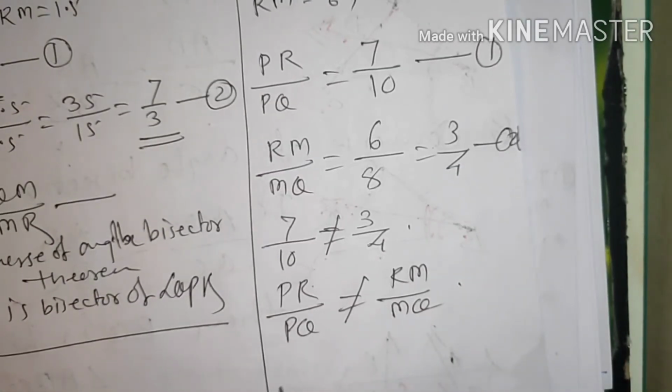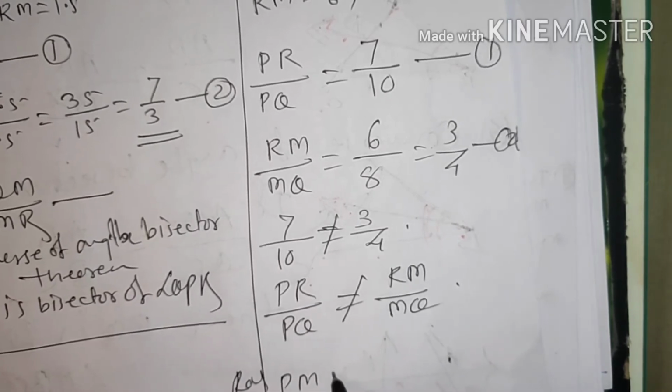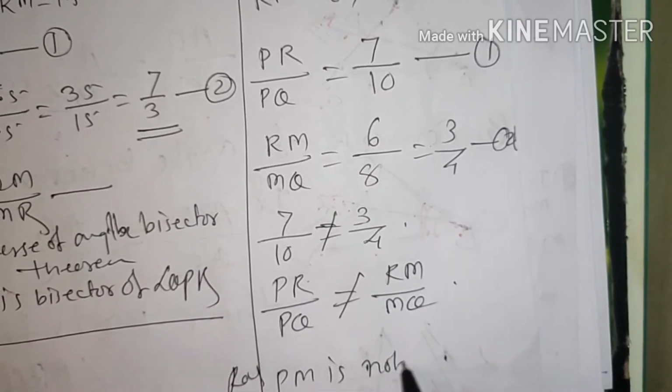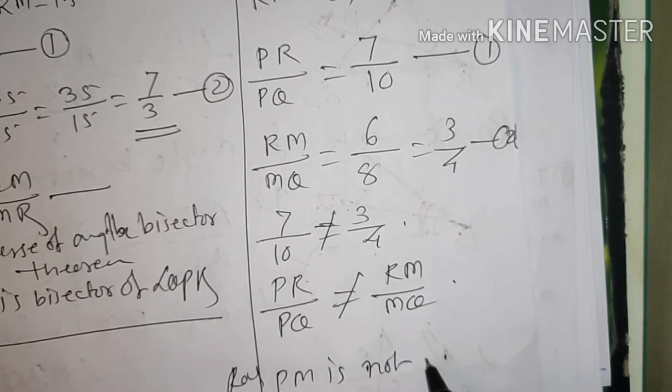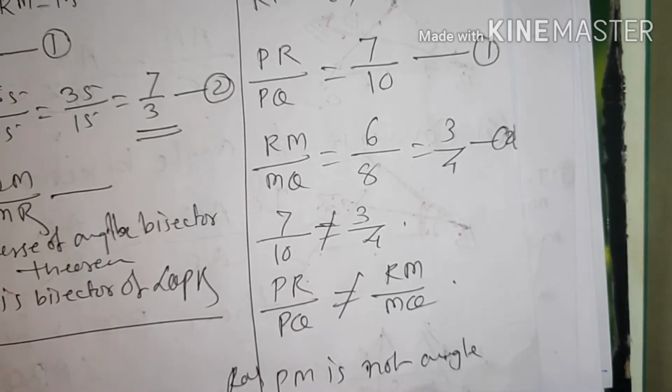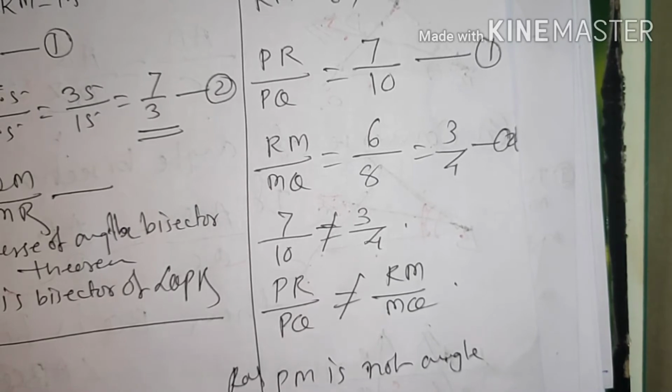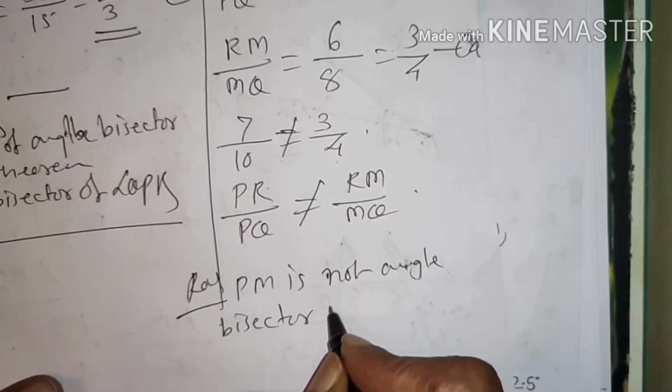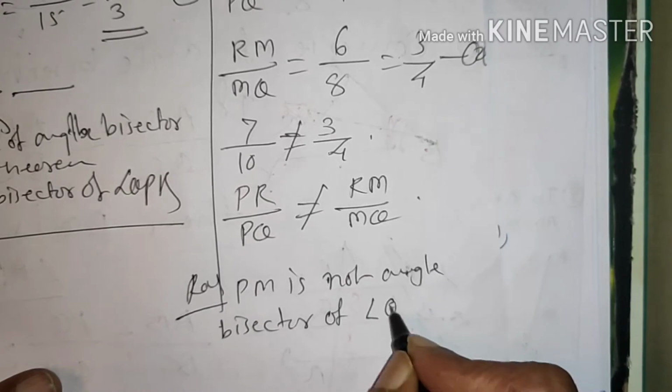So, PM is not angle bisector of angle QPR.